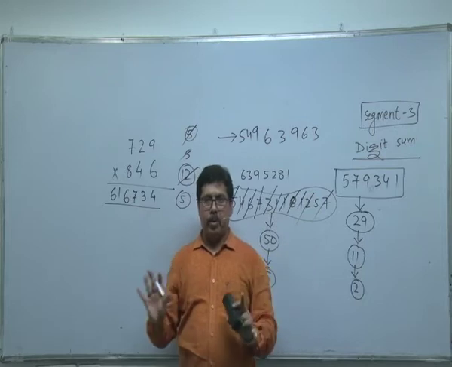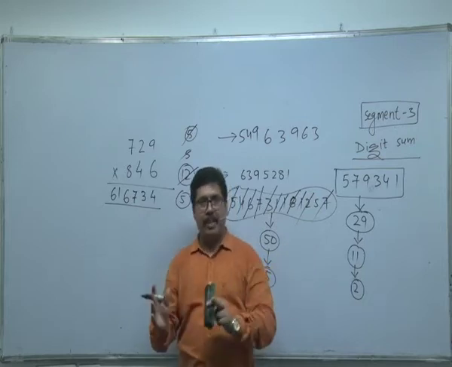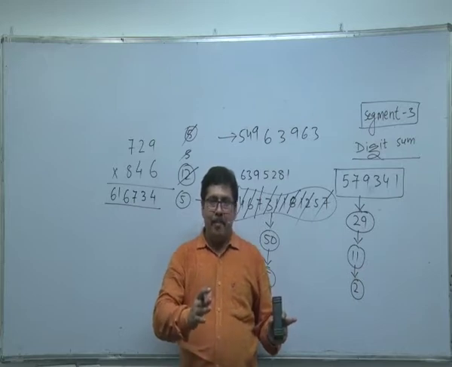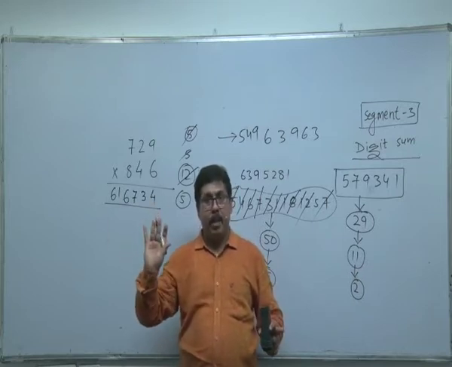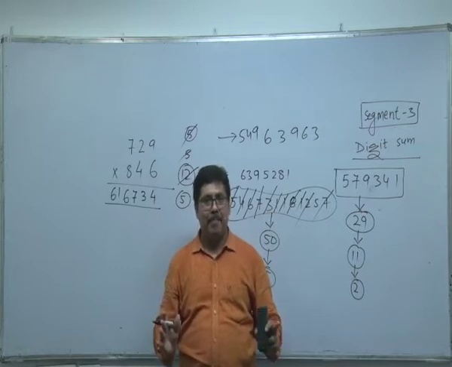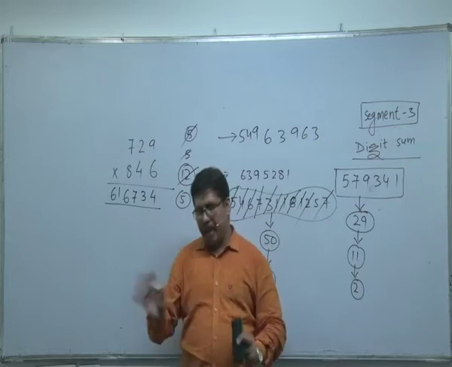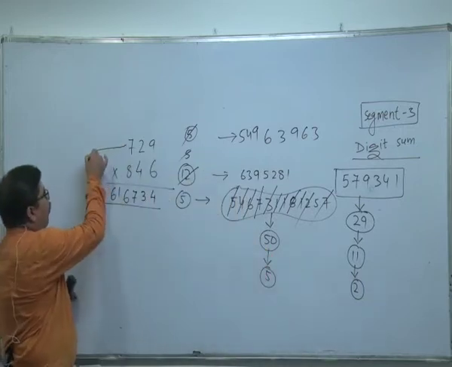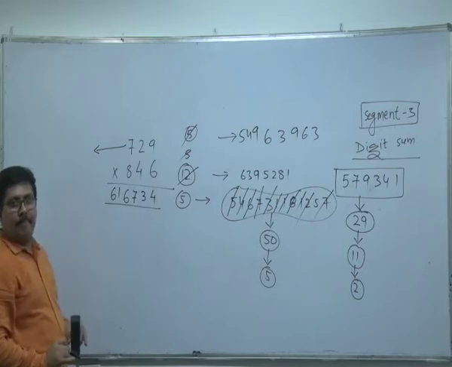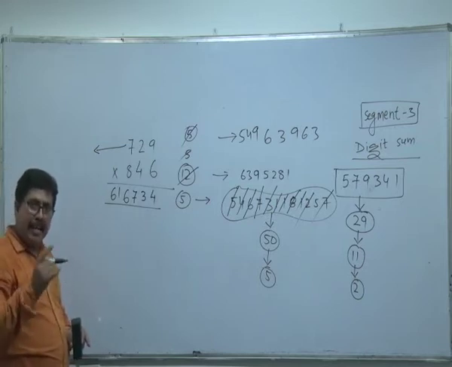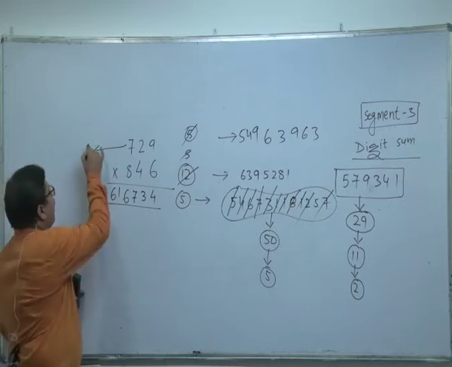Whatever operation you do, whether it is multiplication or addition or subtraction, your digit sum will remain the same. So you can cross-check your answer on the basis of your digit sum. Just let me give you an example. What is the digit sum of your first multiplicand? 7 plus 2 is 9, and 9 is 18. 18 is basically 9.